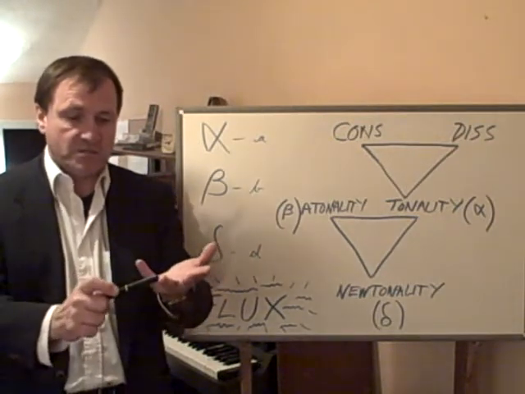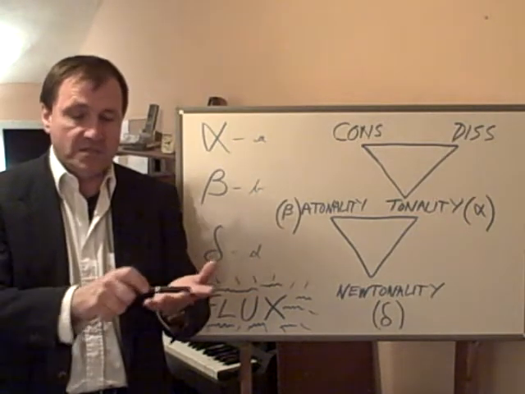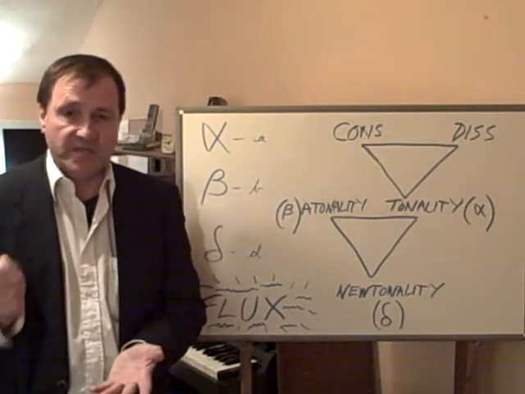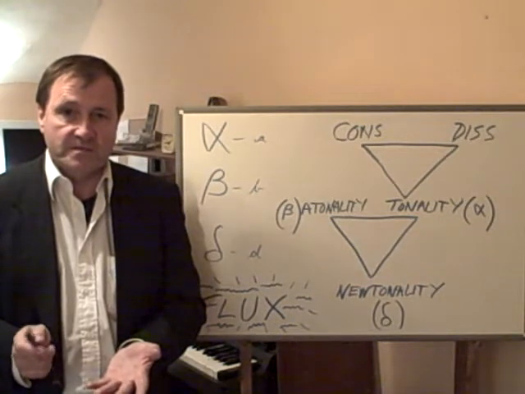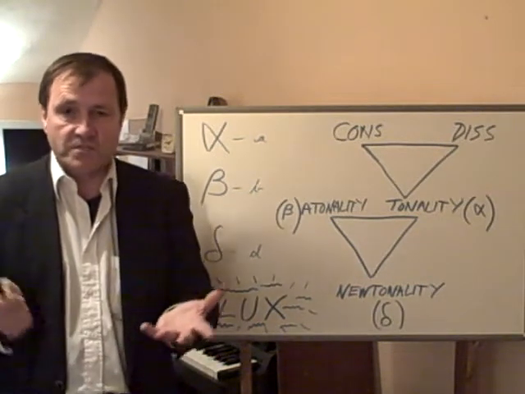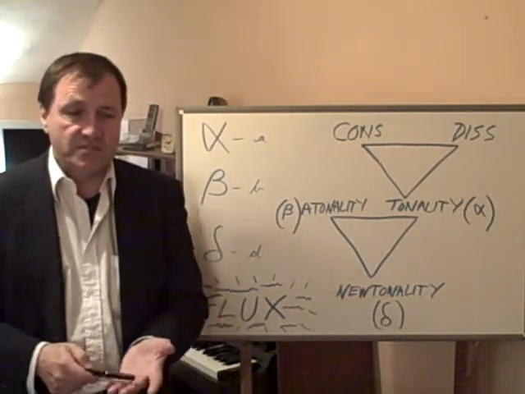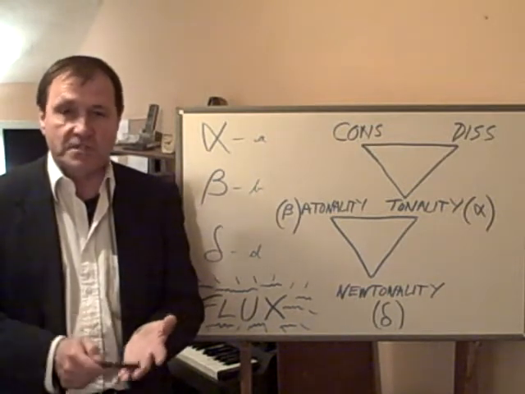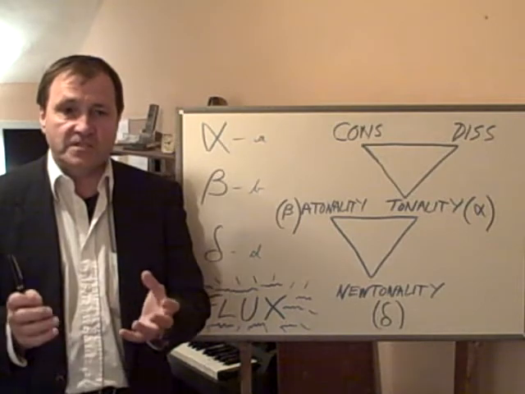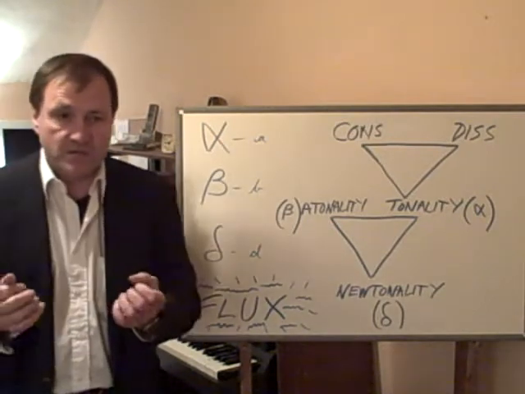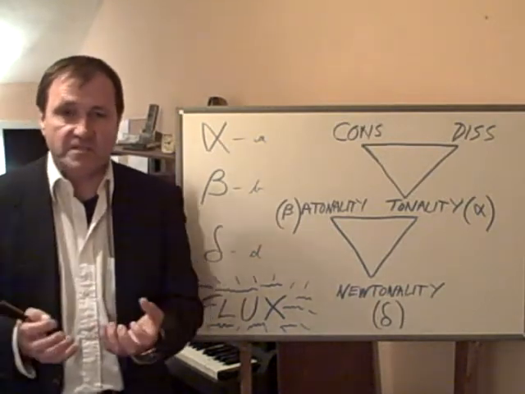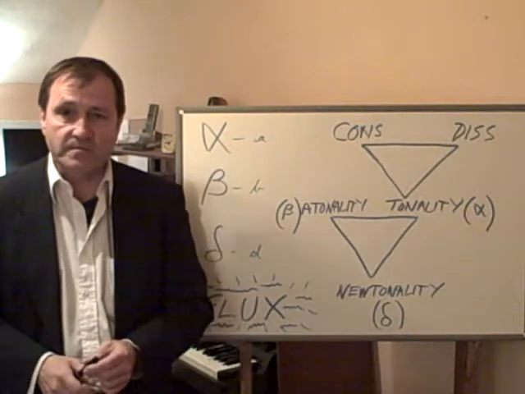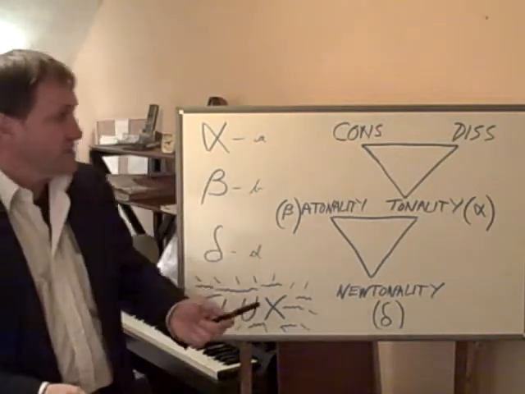Tonality, consonance and dissonance, none of these exist in nature. There's no such thing as a tonal sound in nature. There's no such thing as a consonant sound in nature, or a dissonant sound. These are concepts that we have invented. They are completely artificial.